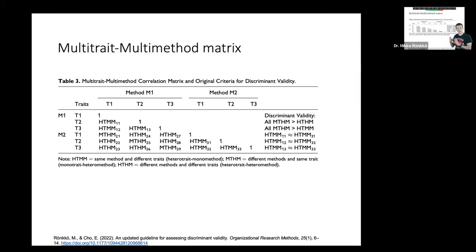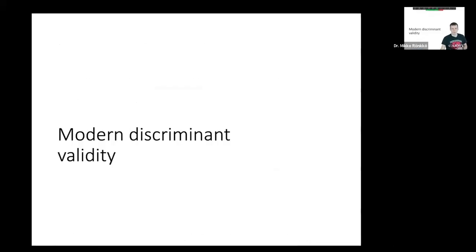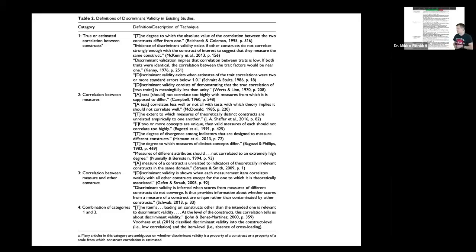There have been quite a lot of studies thinking about what discriminant and convergent validity might mean in other contexts. And that takes us to the modern understanding of discriminant validity. Joe and I went through papers that discussed discriminant validity, and there were basically a few different ways people understand it.